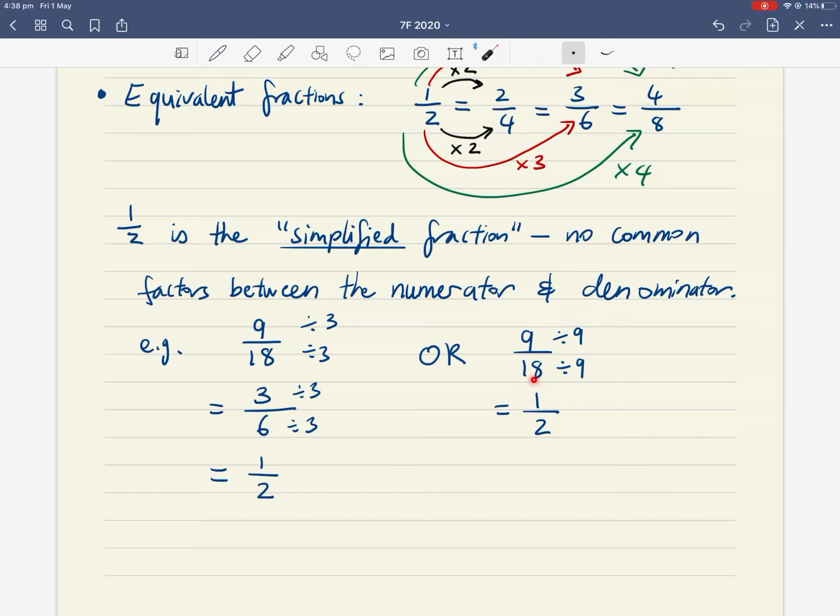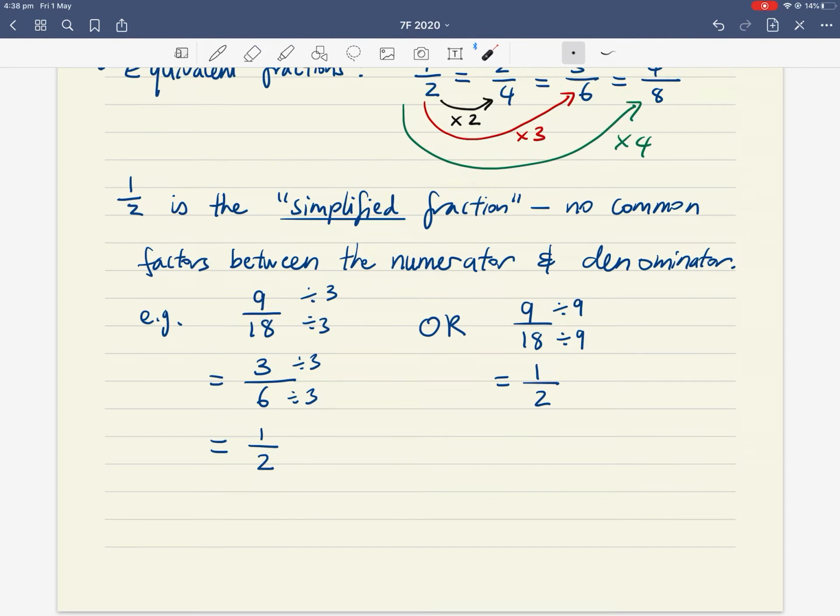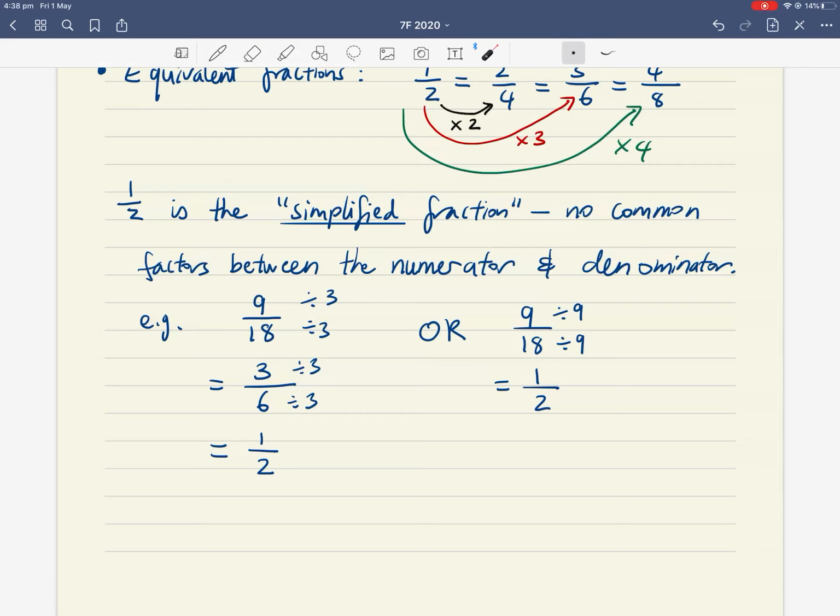My point is, if sometimes you're not certain what the highest common factor is, that's okay. As long as you divide by a common factor, with just a few more steps of work, you will still eventually get to a simplified fraction. It just means one or two more lines of working to keep dividing to get your simplified fraction.